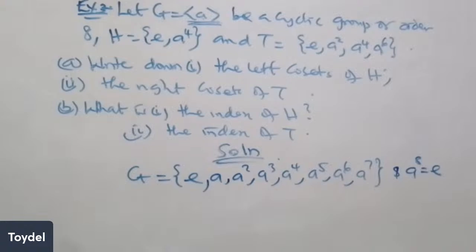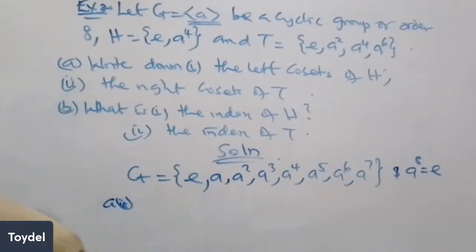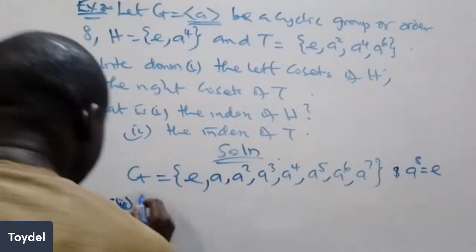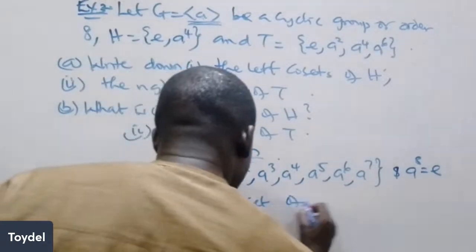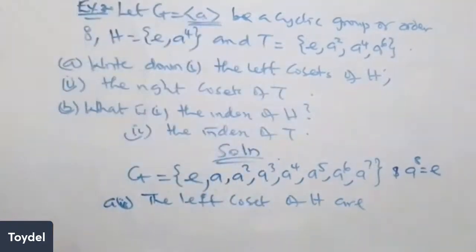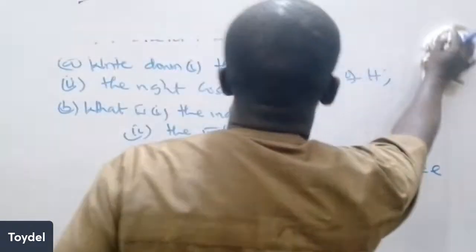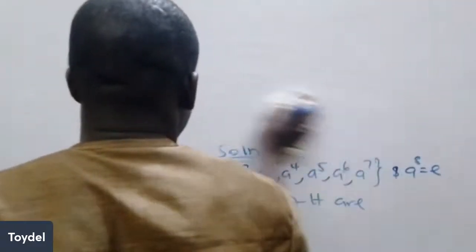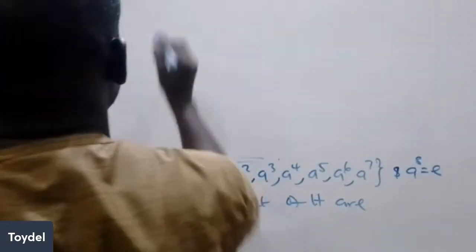Okay, back to our first question, Roman figure 1. We want to find the left coset of H. Please let's note H is E, comma, A4. I'm about to list the left coset of H on the board now.